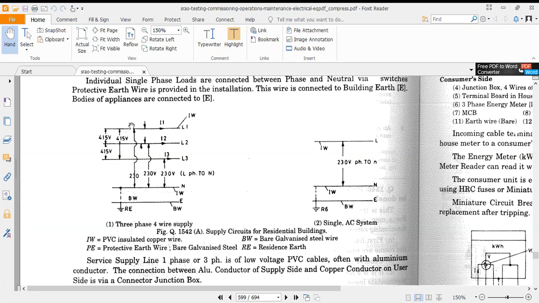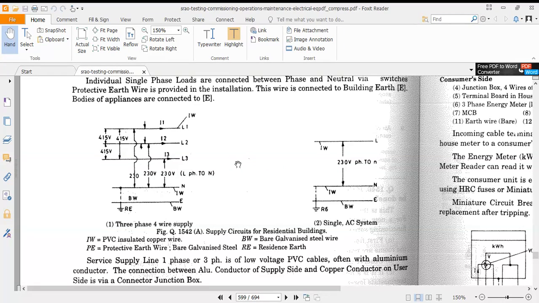When I take one phase and one neutral, what I get is 230 volts. So this is called a single phase supply. I'm taking one line and one neutral. This is single phase supply.